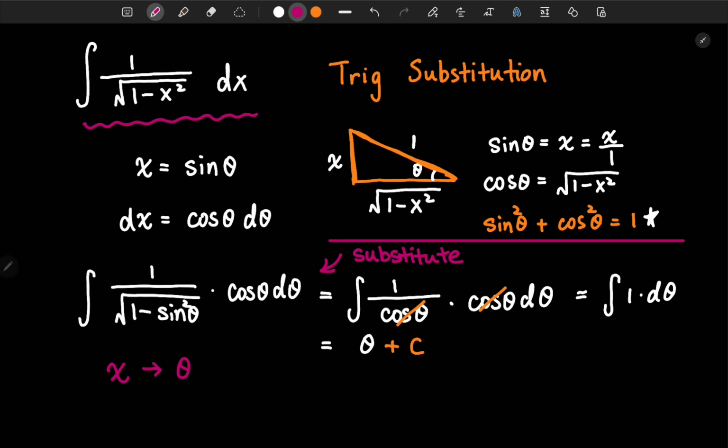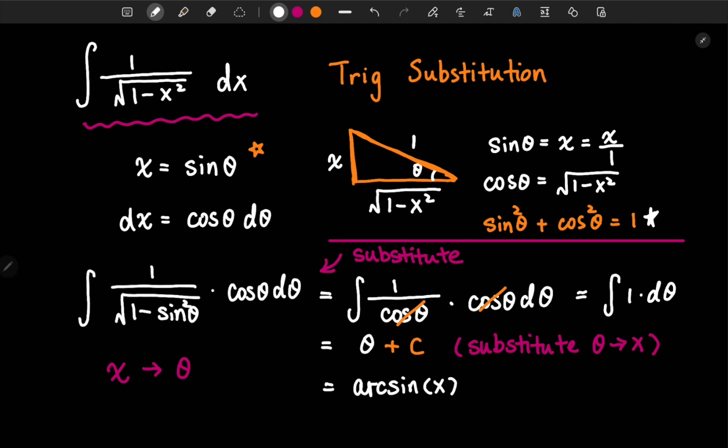To get our final answer, we need to substitute again. We need to substitute theta back to x in order to get our final solution. From how we set up x equals sine theta, we already know that theta is going to be arc sine of x.